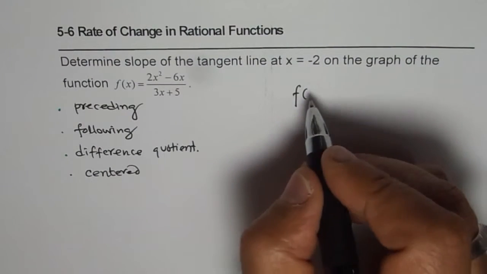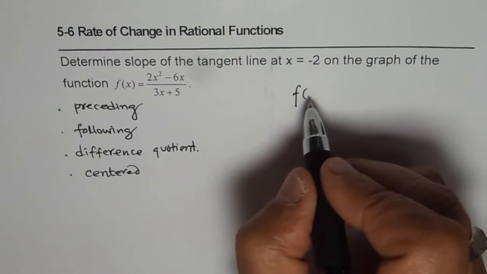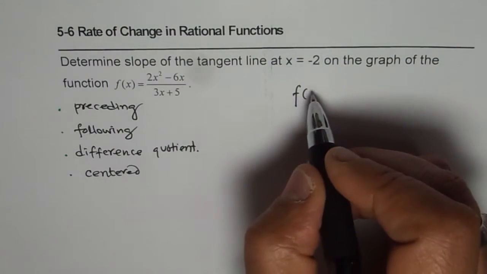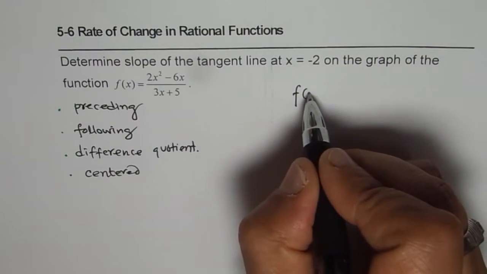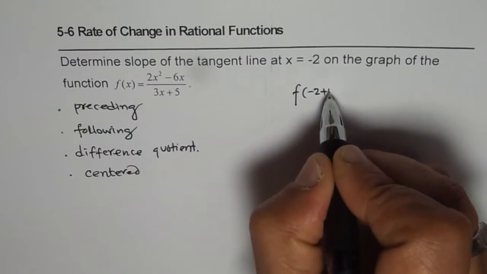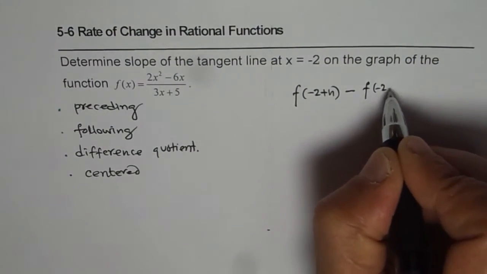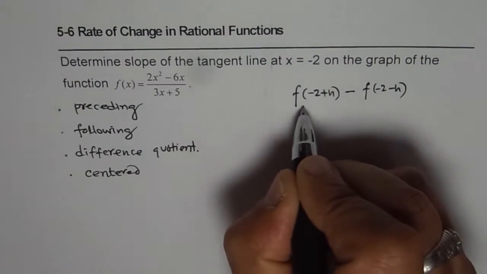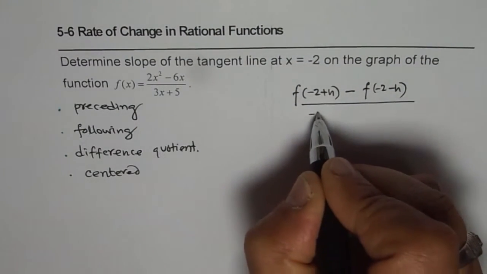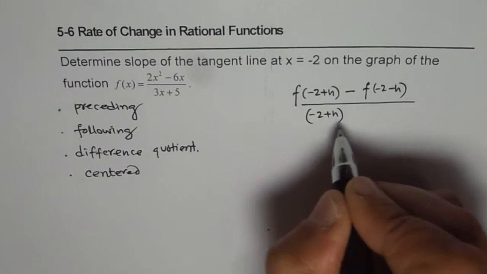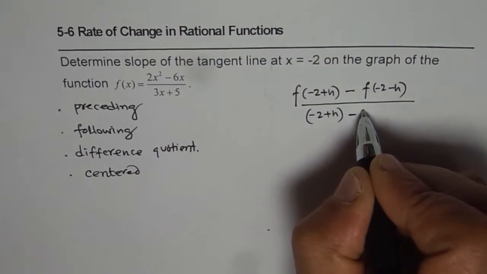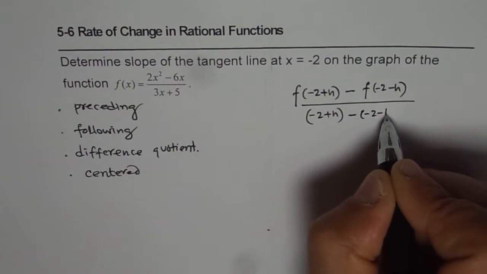So we could consider a point which is h units to the right, and let's say f of minus 2 plus h minus f of minus 2 minus h, divided by minus 2 plus h take away minus 2 minus h, right?